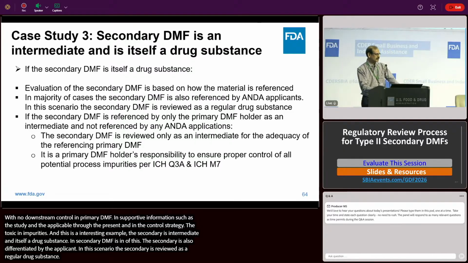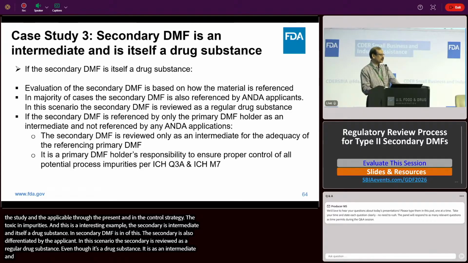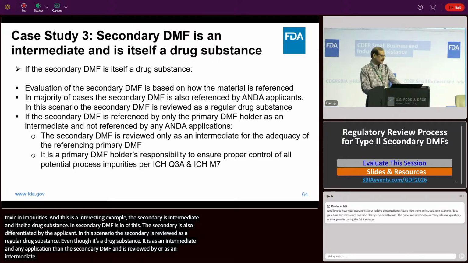But if the secondary DMF, even though it is a drug substance, is referenced only by the primary DMF holder as an intermediate and is not referenced by any ANDA application, then the secondary DMF is reviewed as an intermediate for the adequacy of referencing the primary DMF. Again, it is the primary DMF holder's responsibility to ensure proper control of all potential process impurities for ICH Q3A and ICH M7.